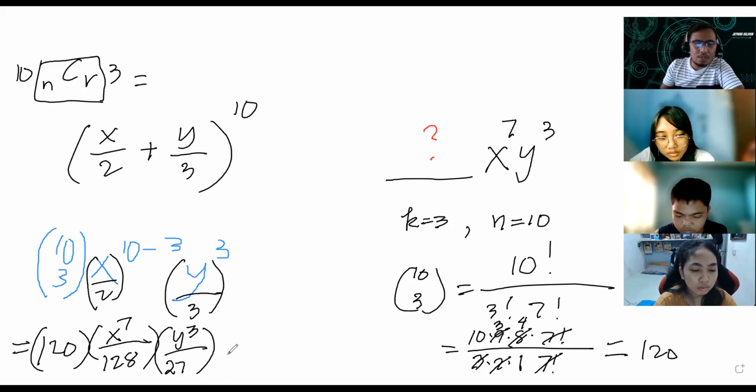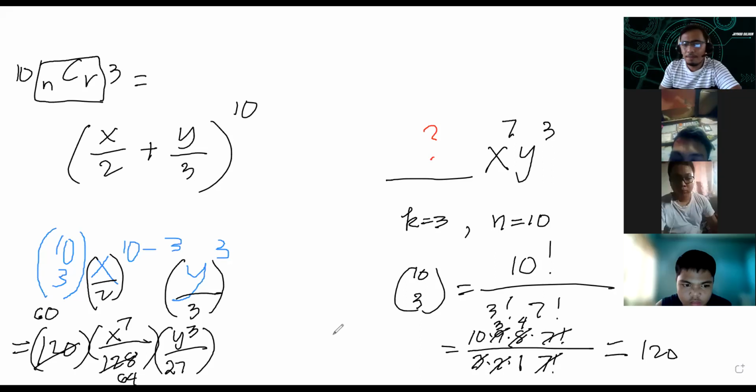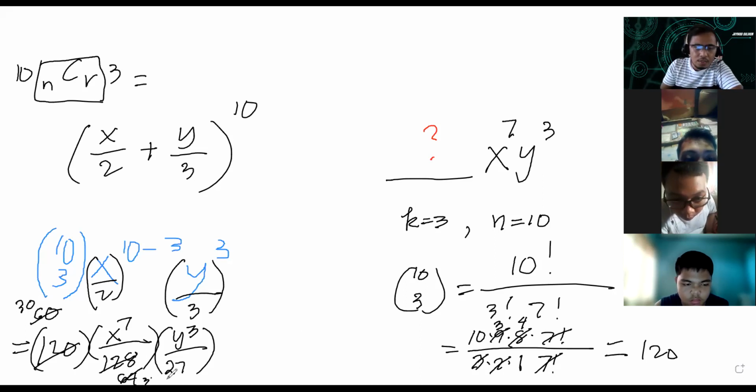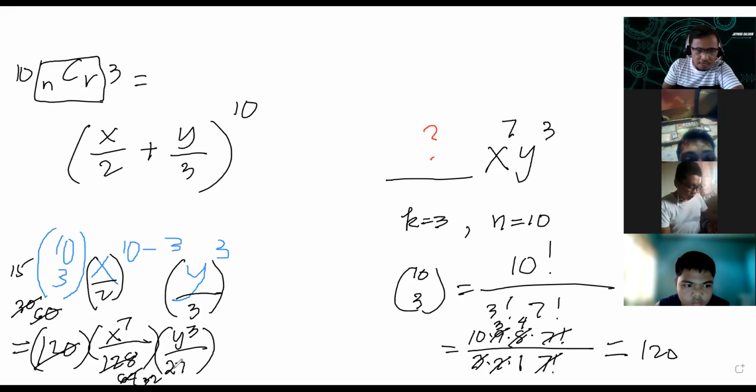If you can reduce, then reduce. You can reduce by 2, so 60 becomes 64. Reduce by another 2: 30 over 32. Reduce again by 2: 15 over 16.